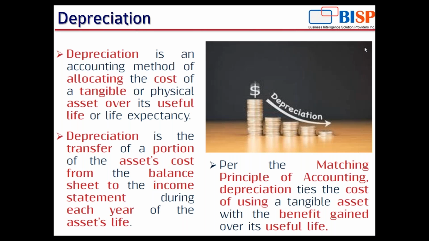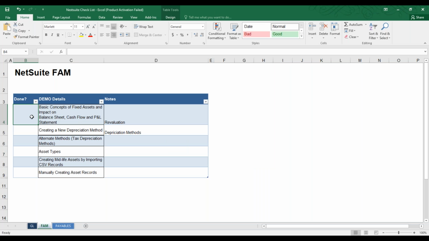So we are done with the understanding part. We have done the concepts. For those who were in yesterday's session and those who are new today, this is the checklist of all the things we'll be taking up in today's session.